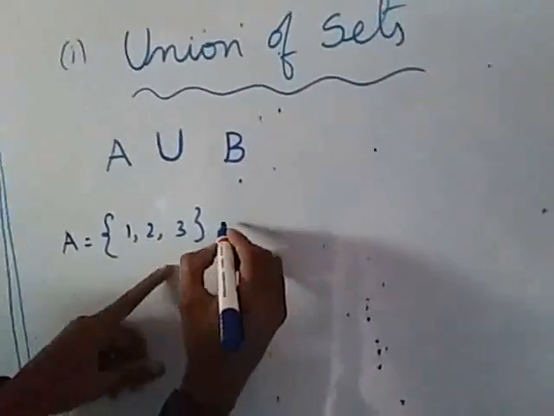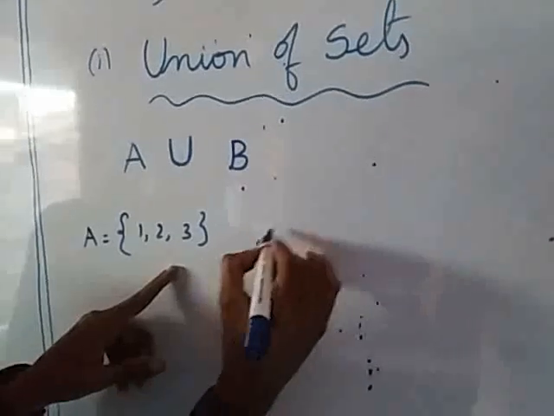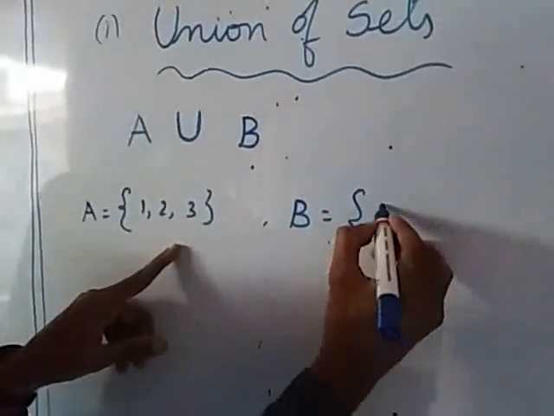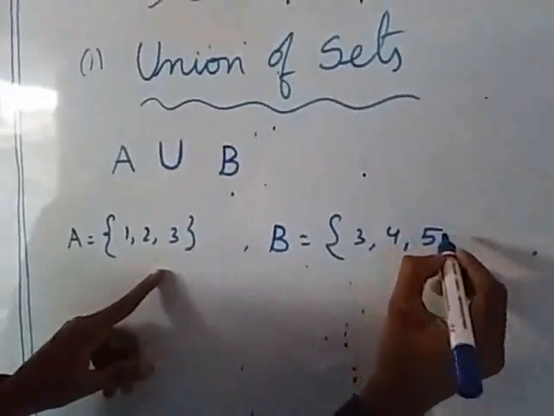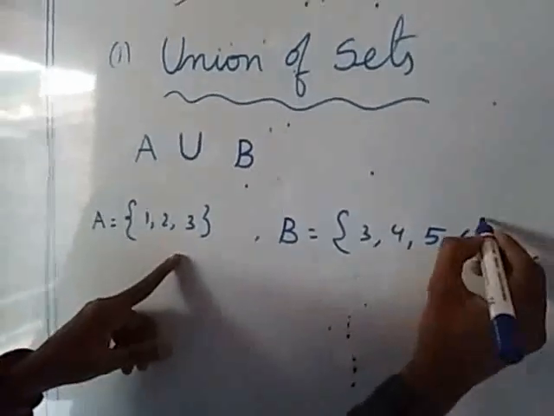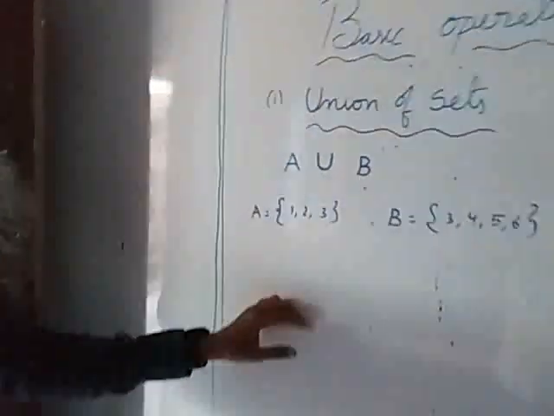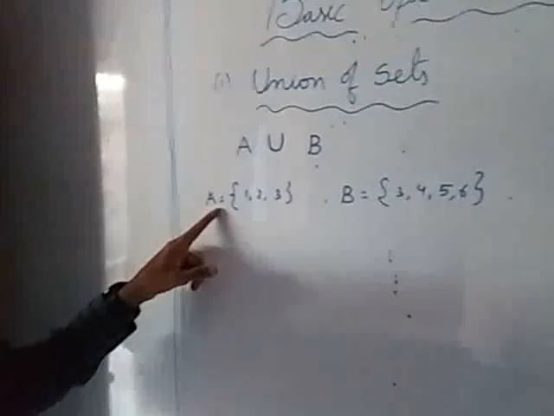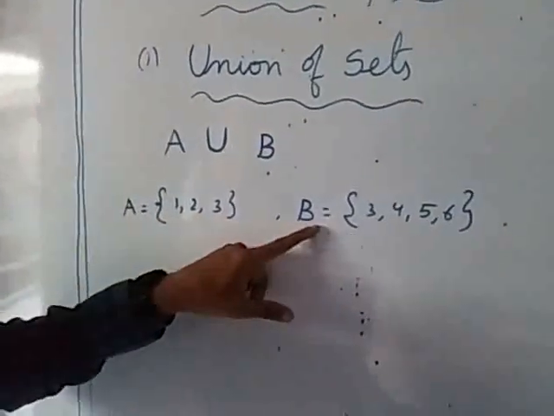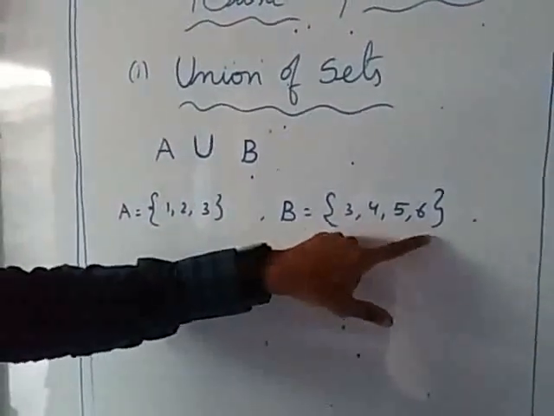Example 1: A contains 1, 2, 3 and B contains 3, 4, 5, 6.